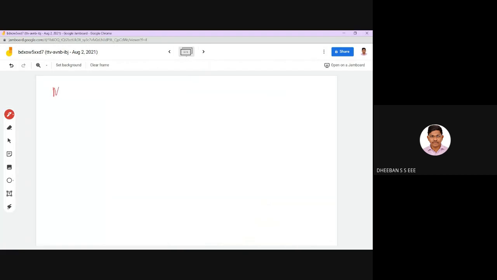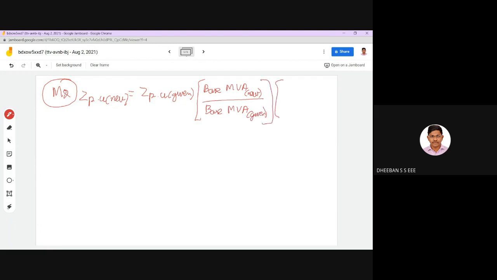Now we'll be moving to motor 2. For motor 2, again the same formula: Z per unit new will be equal to Z per unit given into base MVA new by base MVA given, into base kV given by base kV new.